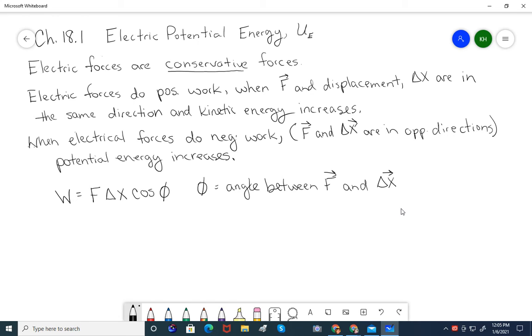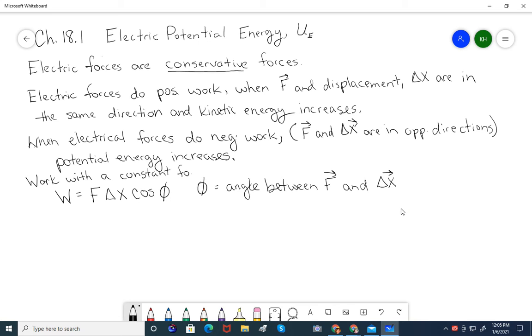Even though we're multiplying two vectors together, our result is a scalar quantity. And this, of course, is the formula for work, and this is really important with a constant force.